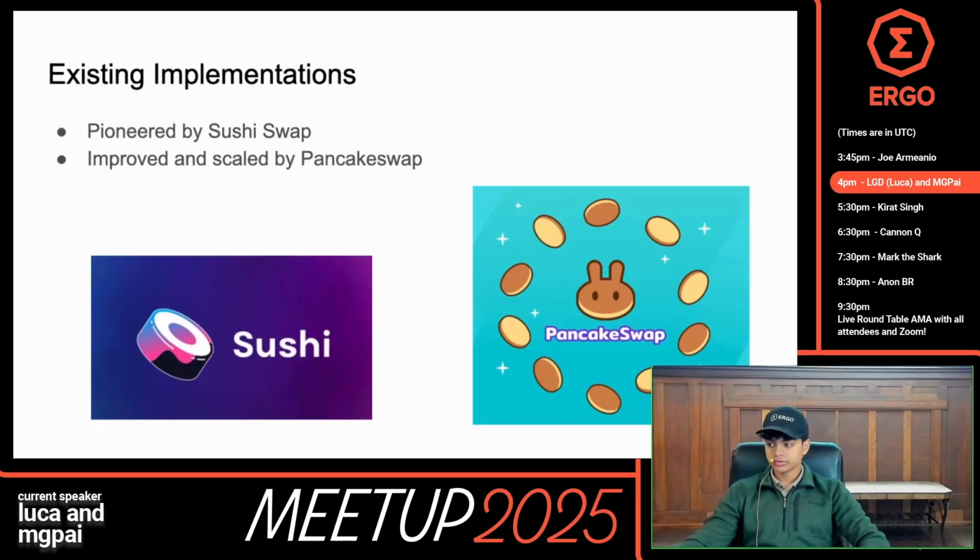SushiSwap pioneered this. Then we got PancakeSwap, which basically copied it, made some improvements, and really brought it to the mass users. Tons of people were just making meme coins and having staking with them, so you don't sell those meme coins, and it becomes kind of an inflation and a Ponzi scheme and so on.